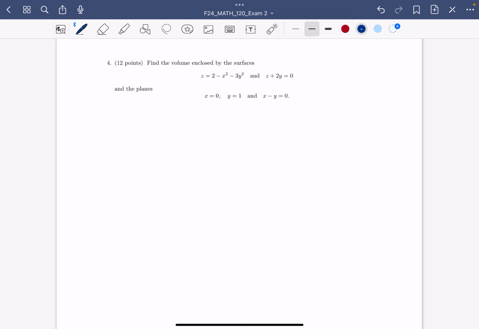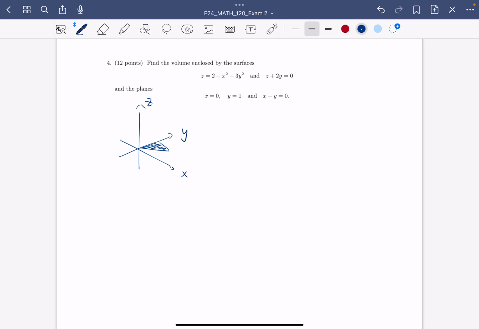so let's draw a very naive picture of this. So we can think of this as you have some region on the xy plane, which sort of looks like this.